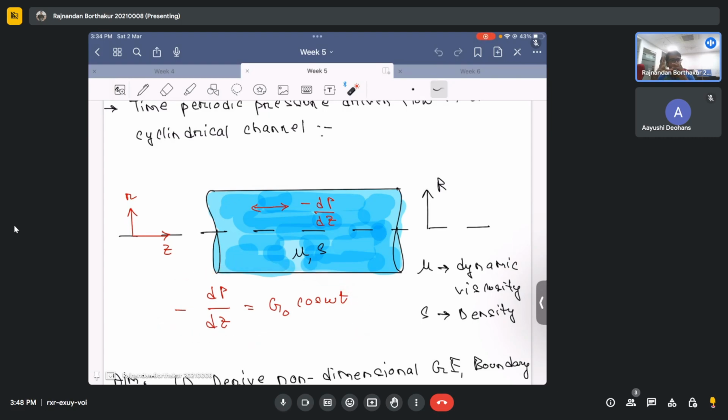Yes, the arteries and veins don't have a fixed volume, so the height may also change with time, but a crude approximation in modeling the pressure gradient is to model it as an oscillating pressure gradient. The differences are of course there.